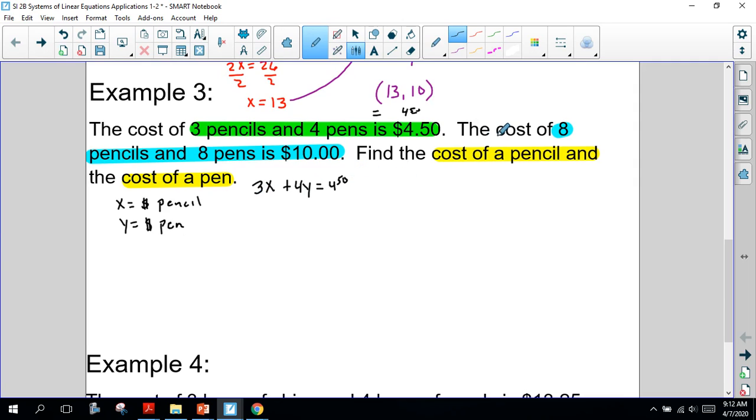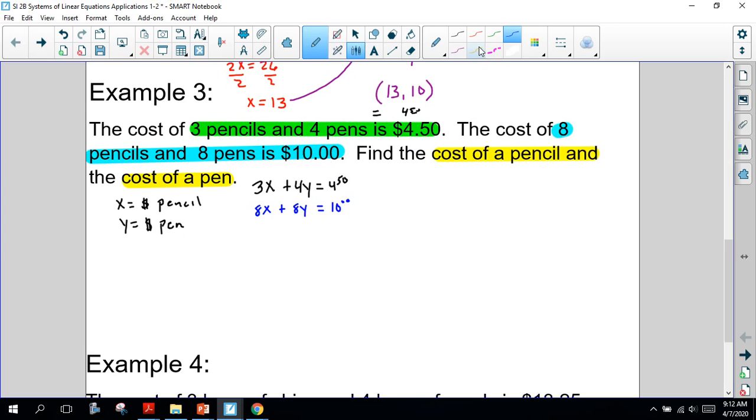Likewise, the next sentence is another equation: 8 pencils times the cost of a pencil, plus 8Y. 8 pens times the cost of a pen tells me how much I'm spending on the pens, and that bill ended up being $10.